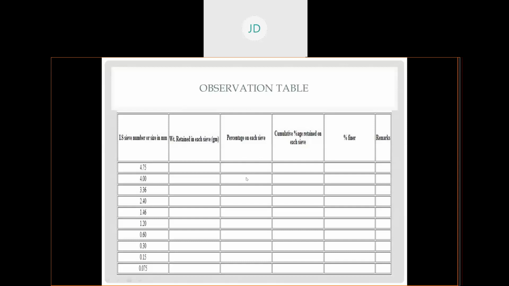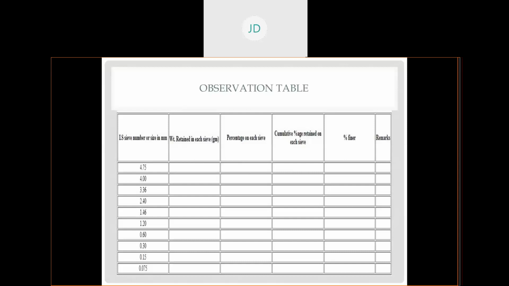Suppose here again, say 20% of the total soil is retained on this sieve. Now, how to find the cumulative percentage retained? This data will be the same as the top one. Suppose at the 4.75 sieve, 10% of the total soil sample has been retained.